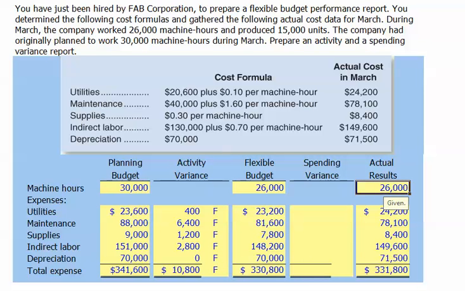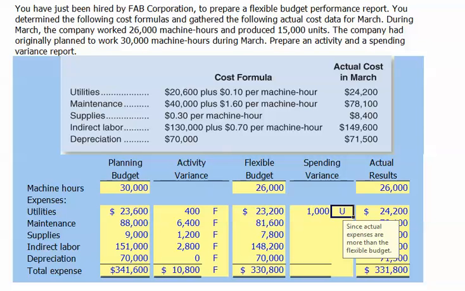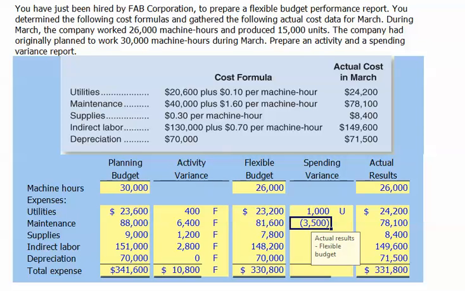Let's go ahead now and take a look at our spending variances. The spending variance, again, is the difference between our actual results and our flexible budget. For utilities expense, the difference between our actual expenditures of $24,200 and our flexible budget of $23,200 is $1,000. And since our actual expenses are greater than what we would have expected at that level of activity, we say it's an unfavorable variance.